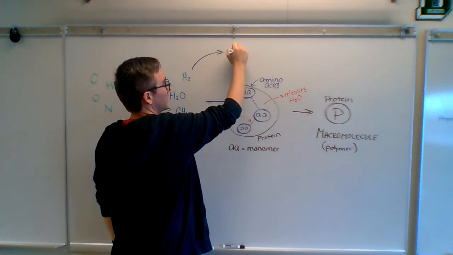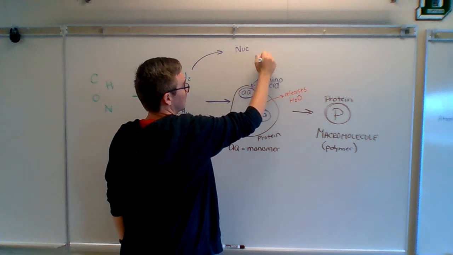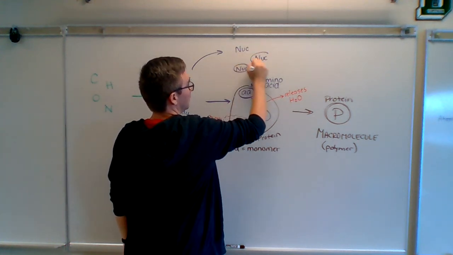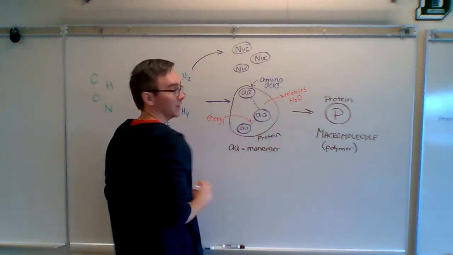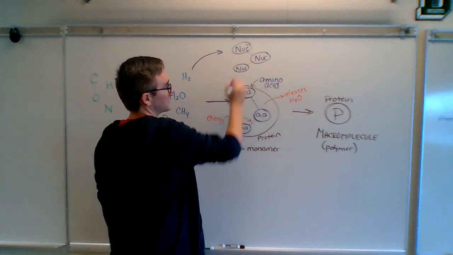monomer called a nucleotide. And then we combine, that's a monomer, and we combine different nucleotides together.